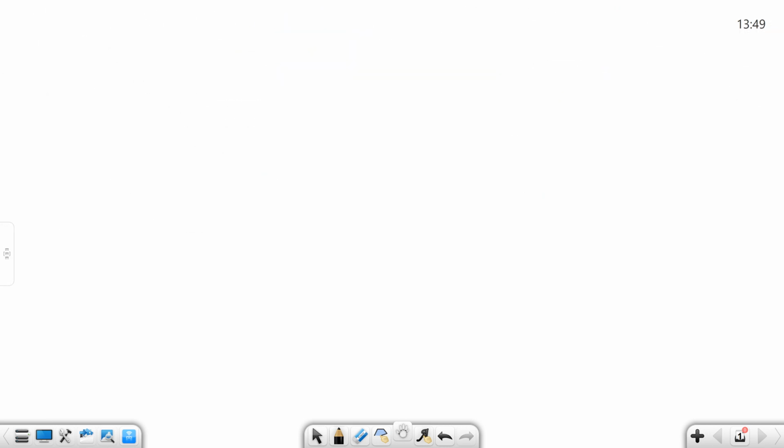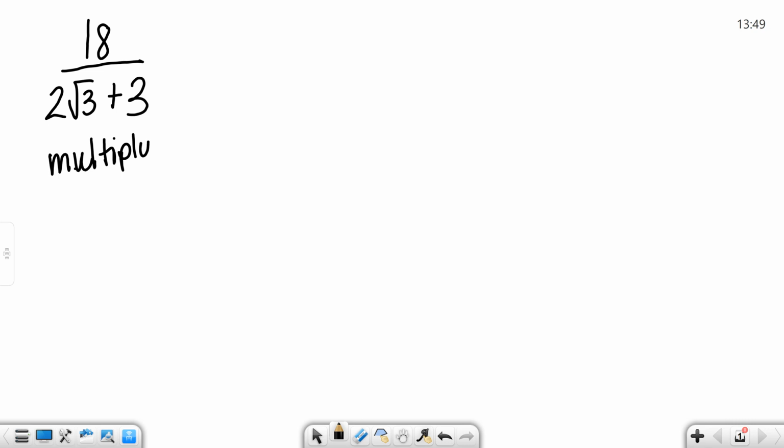Okay, and now I told you we would figure out why we learned that whole conjugate thing. All right, here's why we learned conjugate. We have a radical in this denominator. To rationalize this radical, we are going to have to multiply by the conjugate of the denominator.